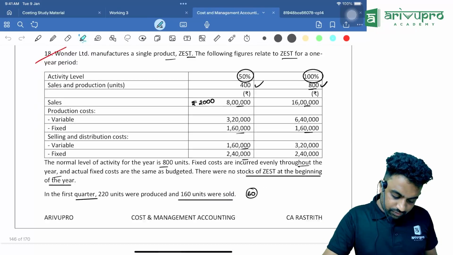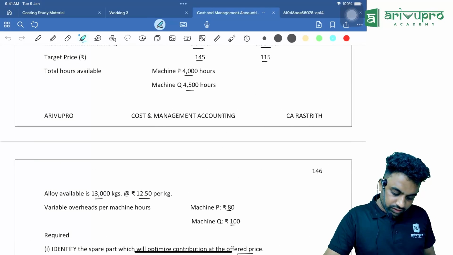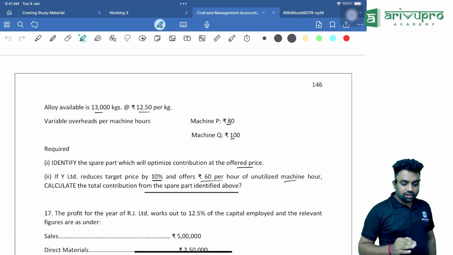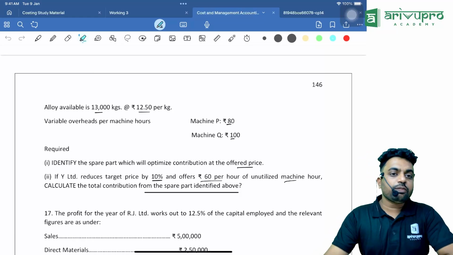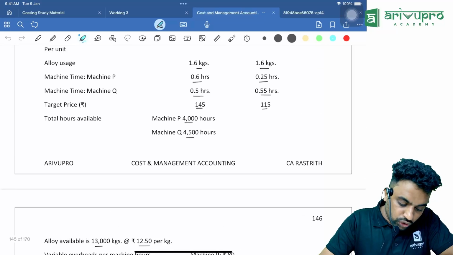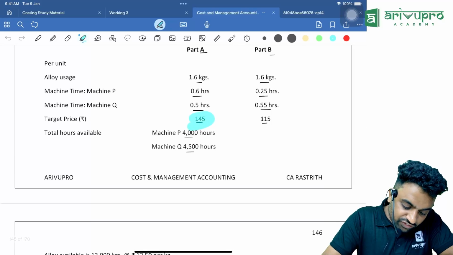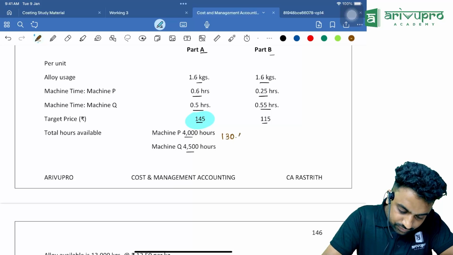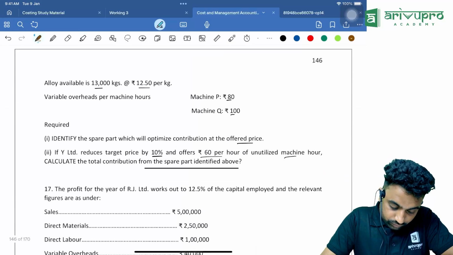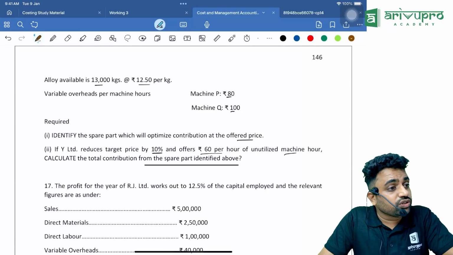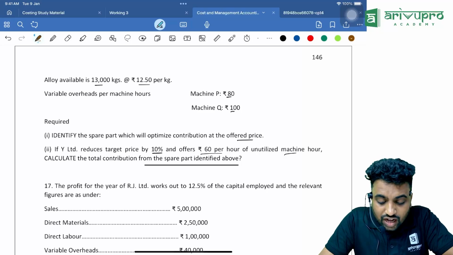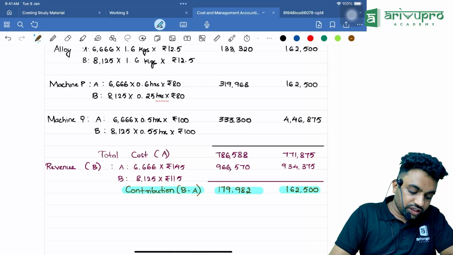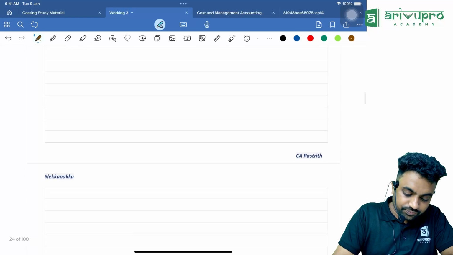What are they asking here? If Y Limited, our customer, reduces the target price by 10%, then for A, it won't be 145 anymore, it will be 130.5. And they are offering you 60 rupees per hour of unutilized machine hour. Calculate the total contribution. Shall we start?